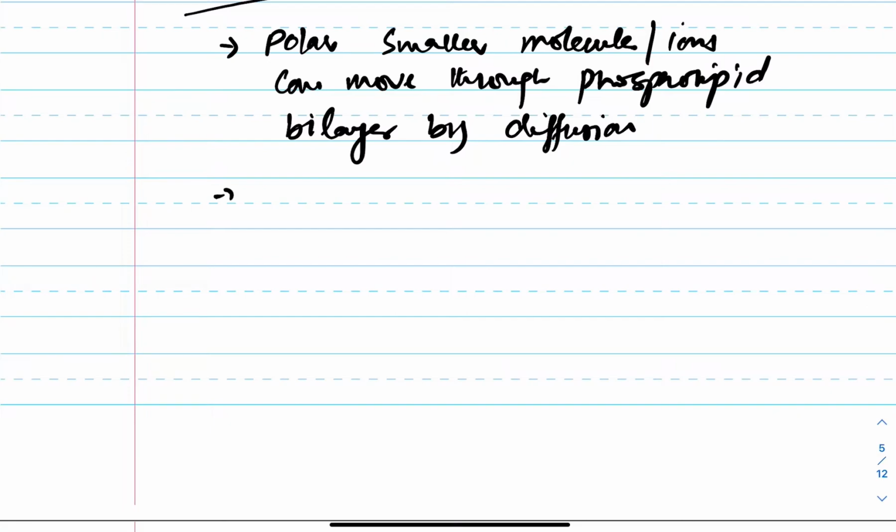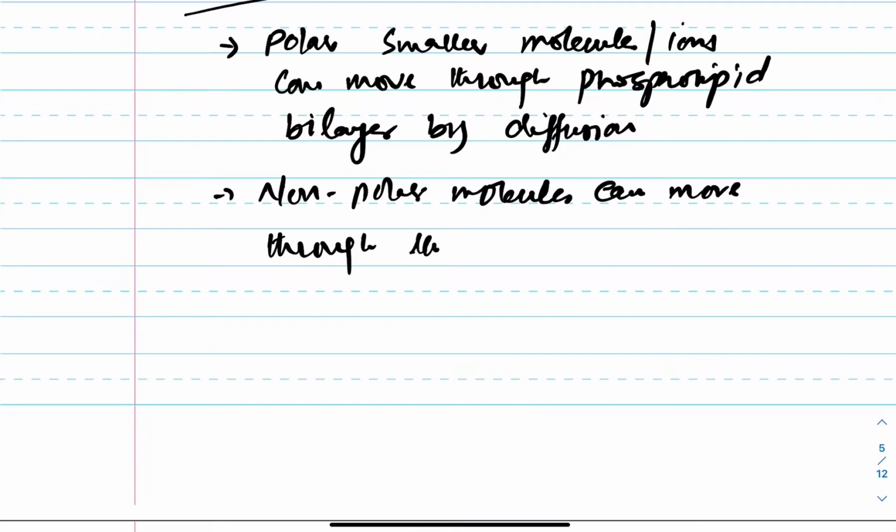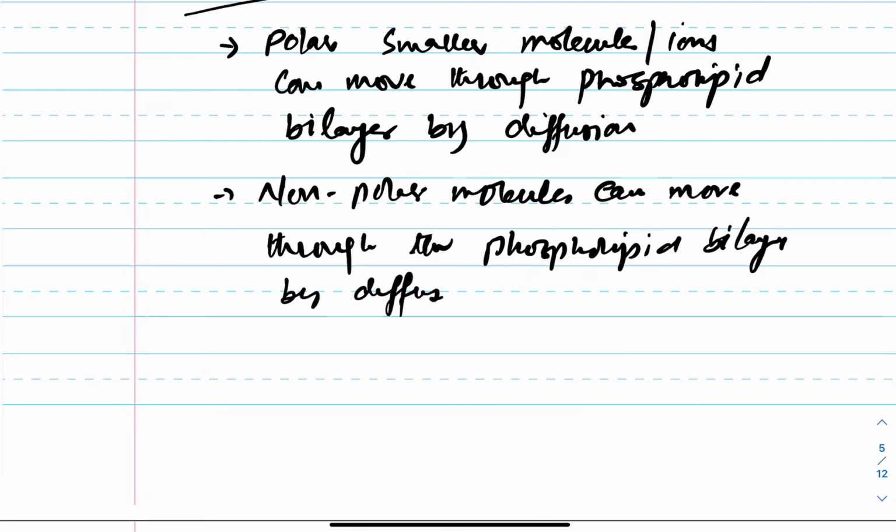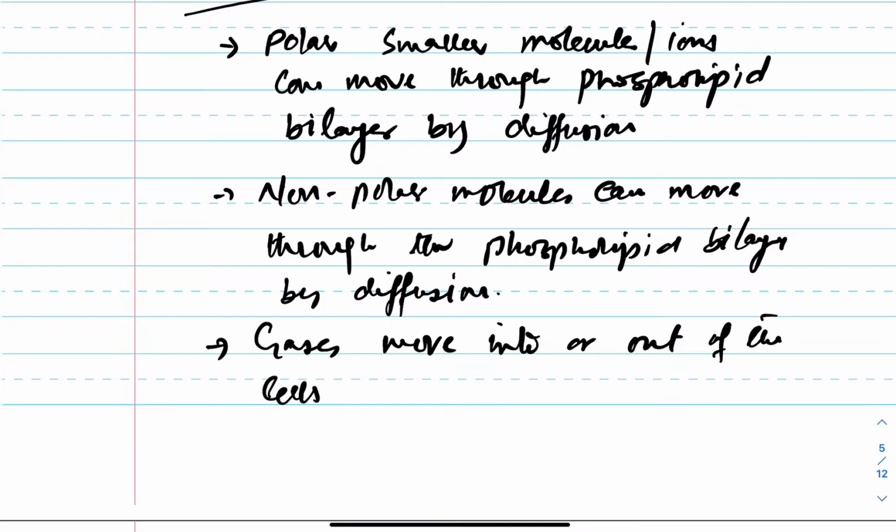Non-polar molecules can move through the phospholipid bilayer by diffusion. Gases are an example. Gases move into or out of the cells by diffusion.